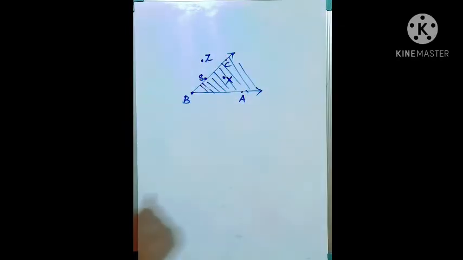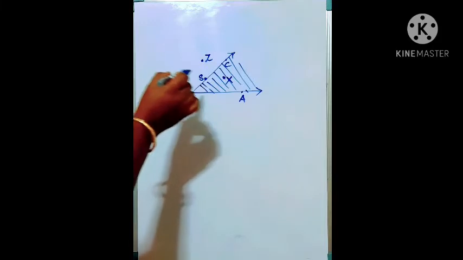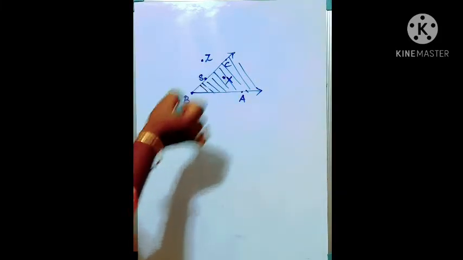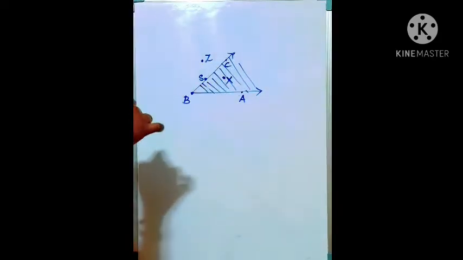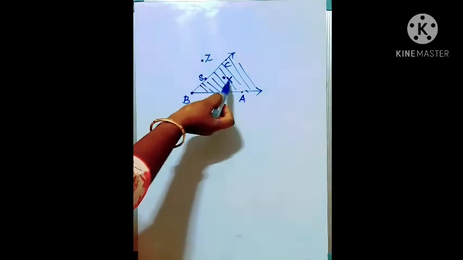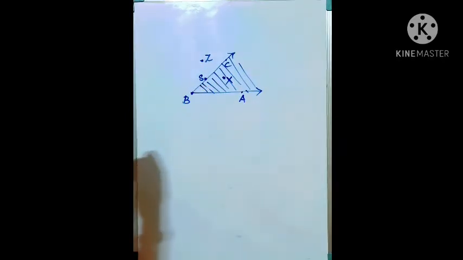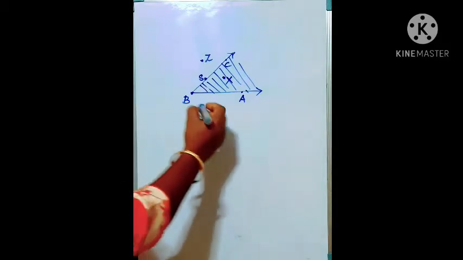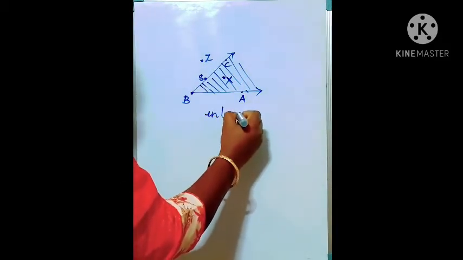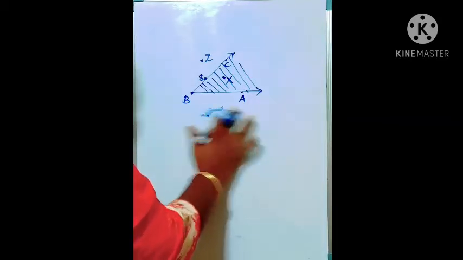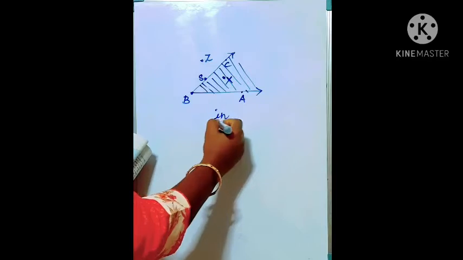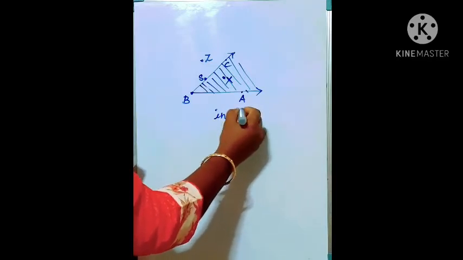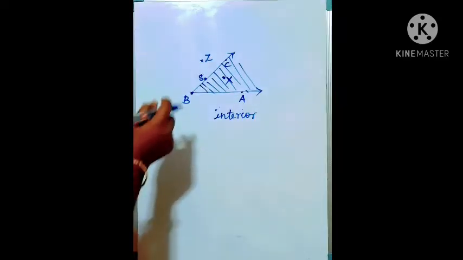Now, I am going to teach you one thing. X is in the interior of the angle. The word interior means inside. It is inside. For the opposite of that, Z is exterior.